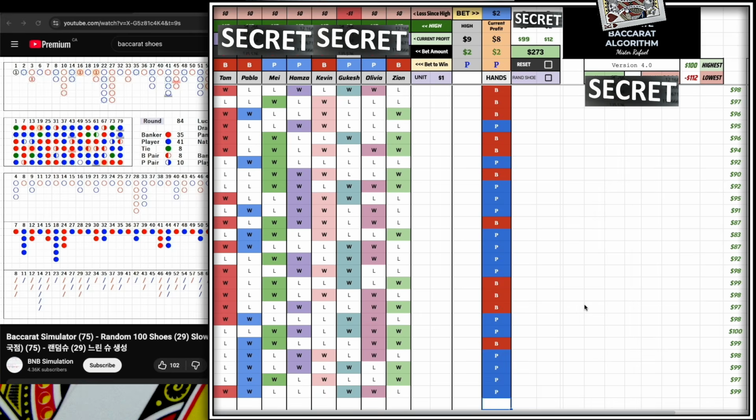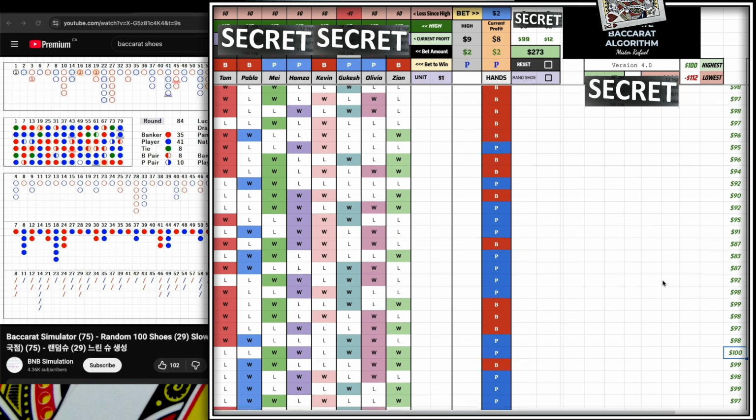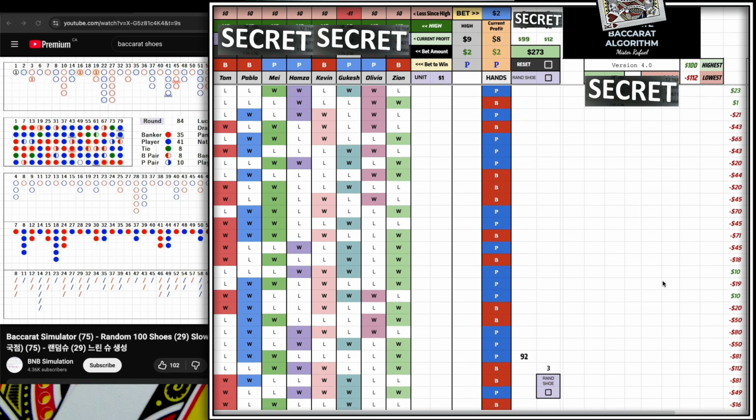And we hit the $100 once again. So we went down to minus 112 before hitting our win goal right here, 100. Very nice.